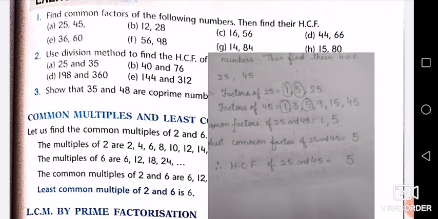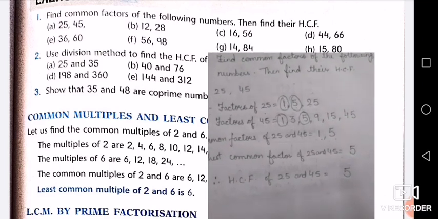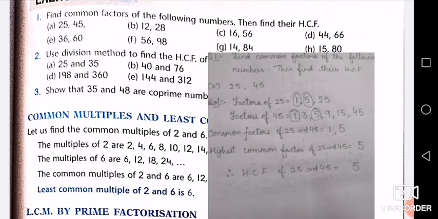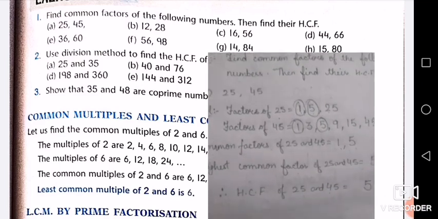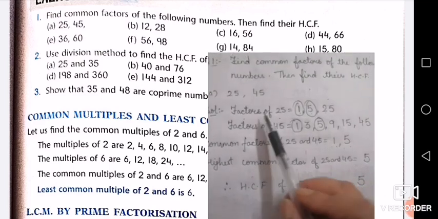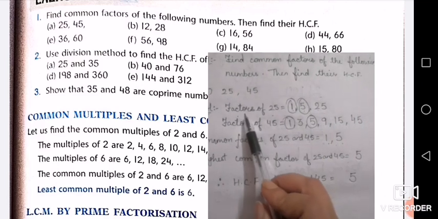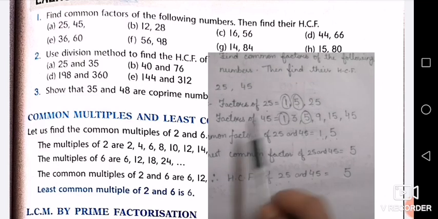So this is the method to do these questions. How will you find the common factors, and after that how will you find the highest common factor of the given numbers? Here you have been given 25 and 45. Factors of 25 are 1, 5 and 25.